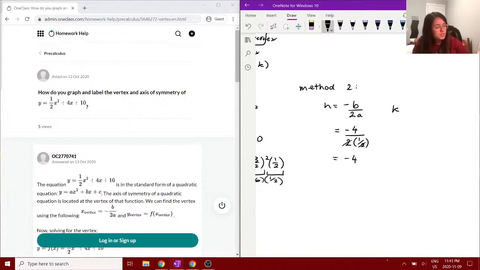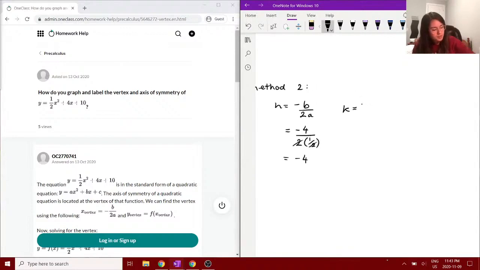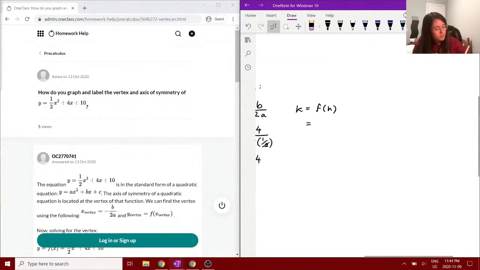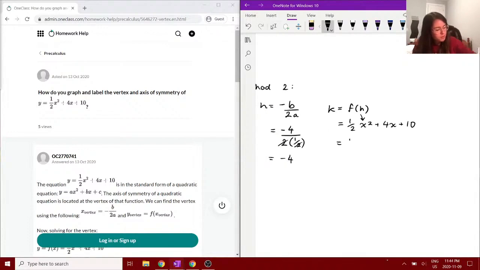And k is usually found by subbing h into the original function. So remember our function from before, right here, we have 1/2 x squared plus 4x plus 10. So if we're subbing h for x, and we found out that h is minus 4, we get this, so 1/2 times minus 4 squared plus 4 times minus 4 plus 10.